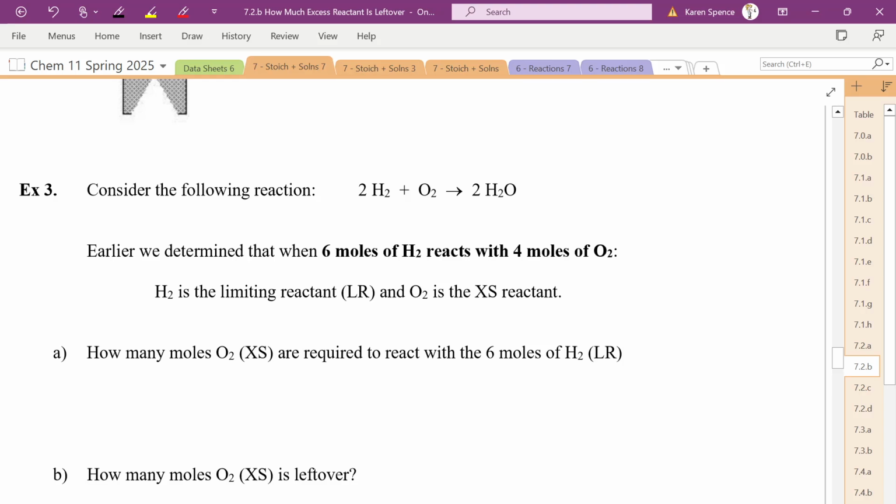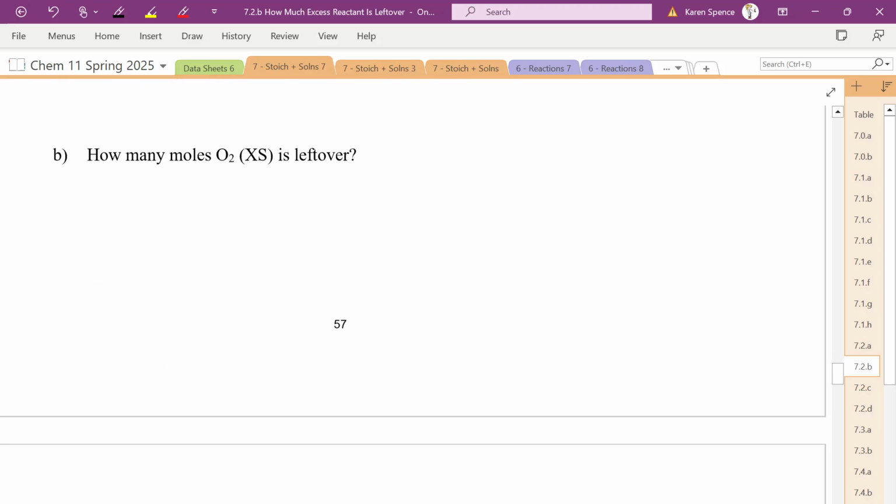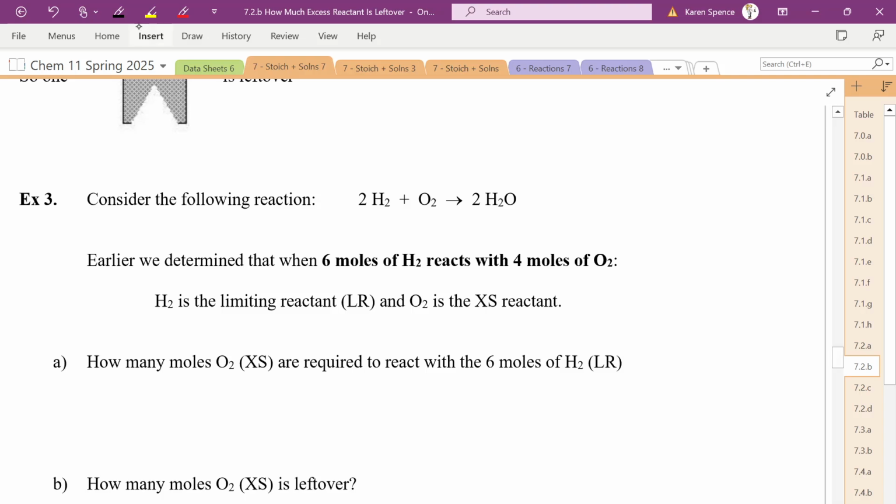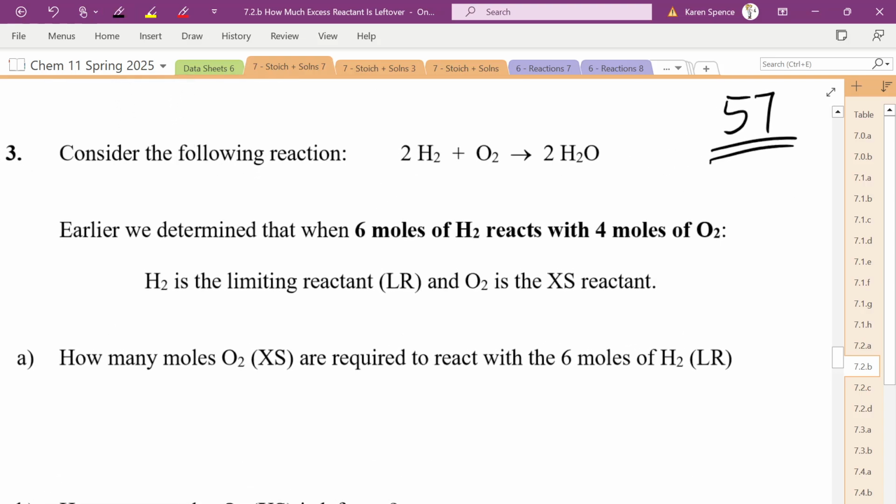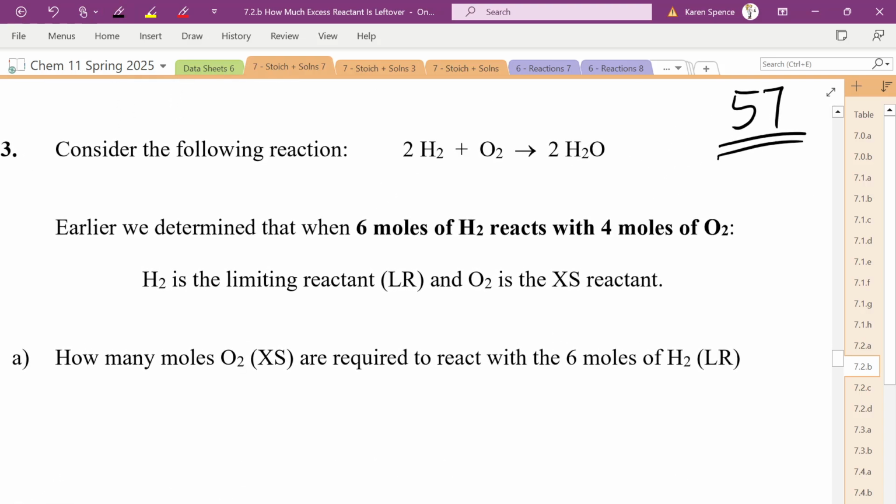All right, let's do some actual problems with math. We are now on page 57. Earlier, we determined that when 6 moles of H2 reacts with 4 moles of O2, H2 was the limiting reactant and O2 was the excess reactant.